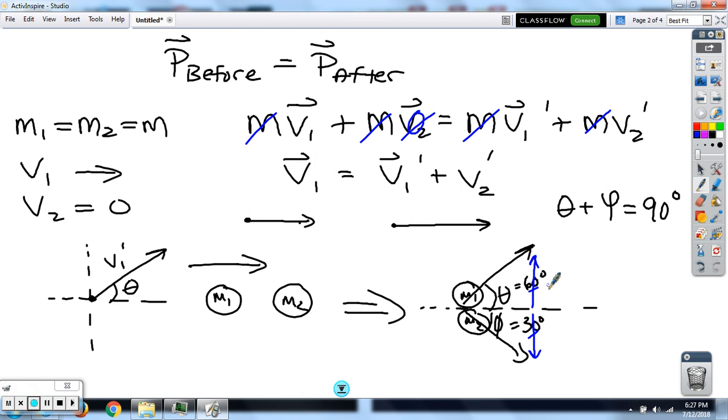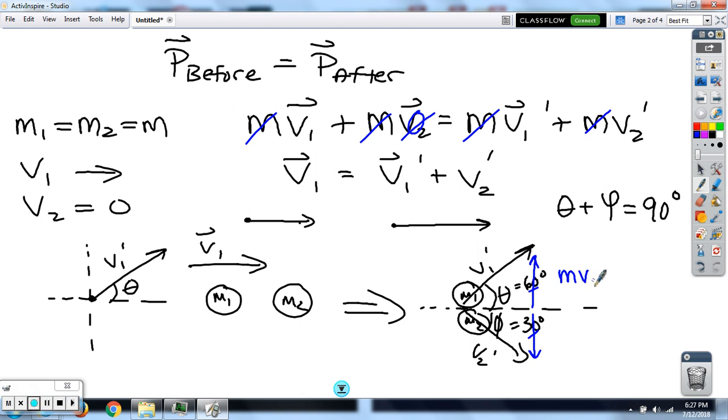Well, what are these components? This one's m1, which is just m. And these arrows, by the way, represent the velocities after the collision. So this one was v1, and then this is v1 prime, and this is v2 prime. So this component is the y component of v1 prime.